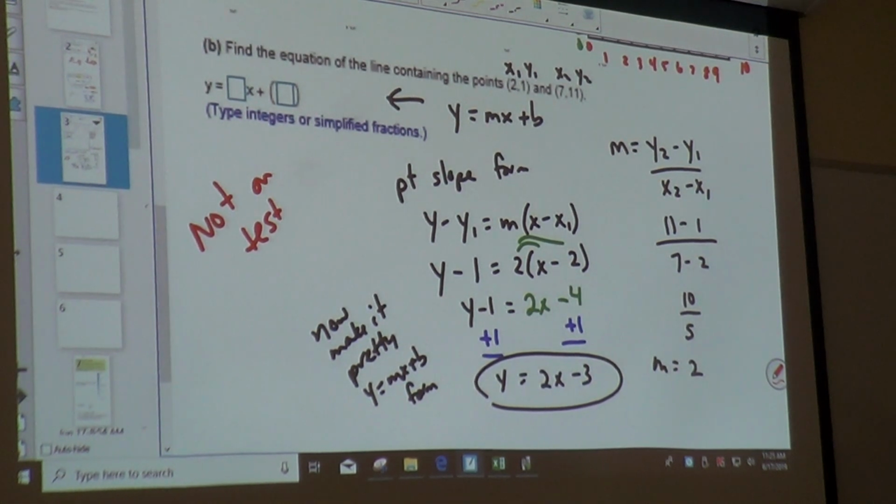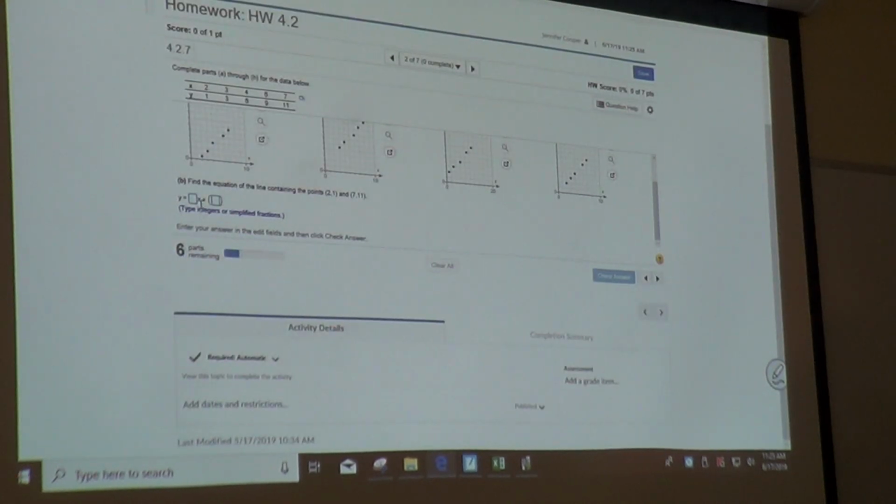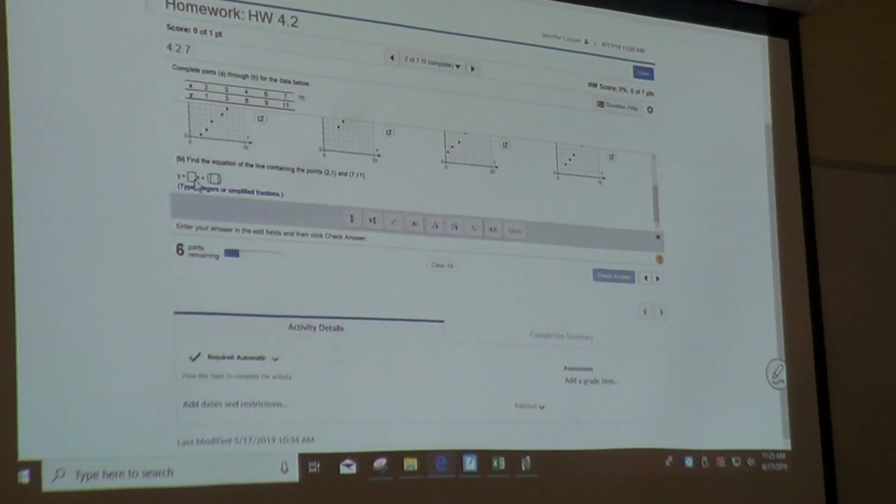So when we plug it in, we're going to say a 2 there, and we're going to have to put a negative 3 there because they already have the plus. We good? So I'm going to put a 2 and a negative 3. I'm going to put a 2 there and a negative 3 there. And in your computer, a negative and a subtraction are the same thing.